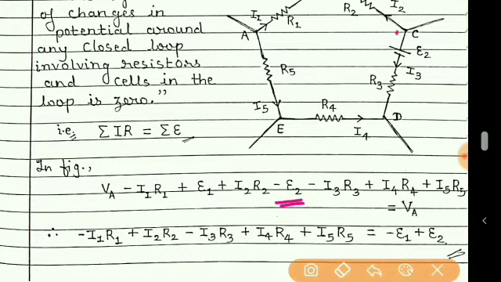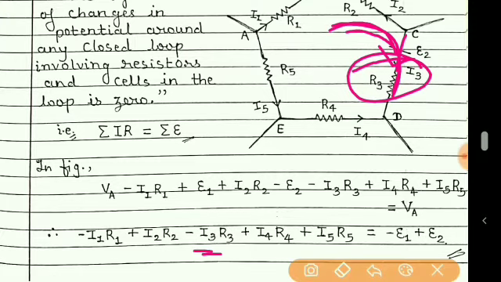Then again moving further, this resistor comes in the path and current is I3, and you can see here that current is also in the same direction of what we move. So we are moving in this direction and the current is also in the same direction. So I3 R3 will be negative. You can see here minus I3 R3.